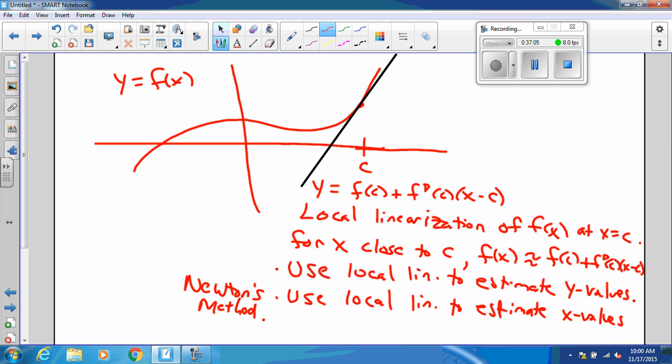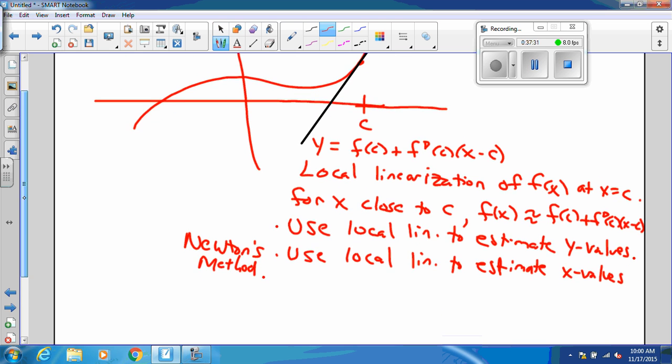Because if I want to estimate x values for a particular y, then all I have to do is create f of x minus y equals 0, and solve for the root there, and now I've got an x value for which f of x approximately equals y. So Newton's method is all about using my tangent line, my local linearization, to find x values. That's it. Today we're going to find y values.